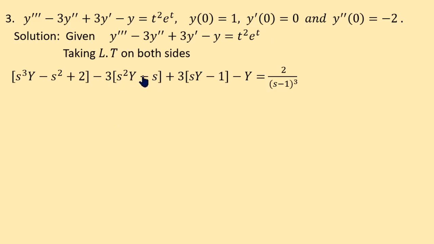So it is s square Y minus s, plus 3 into the transform of y dash, s into capital Y minus y at 0, that is 1, and then minus the transform of y, capital Y, equal to the Laplace transform of t square e power t. The transform of t square is 2 by s cube, and t square into e power t is 2 by (s minus 1) whole cube, by the first rule, the shifting rule.